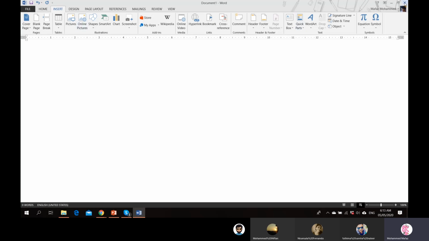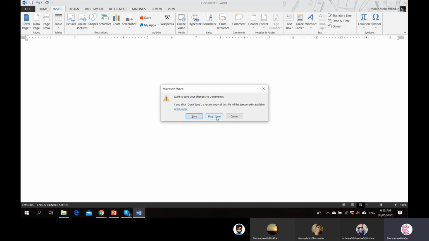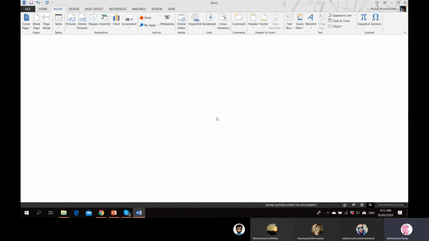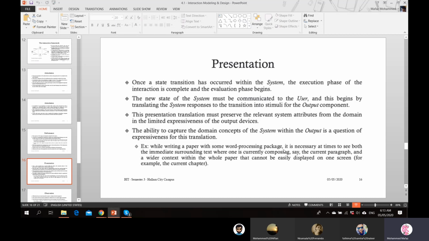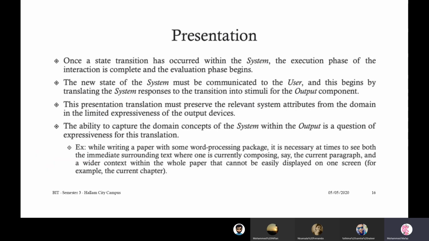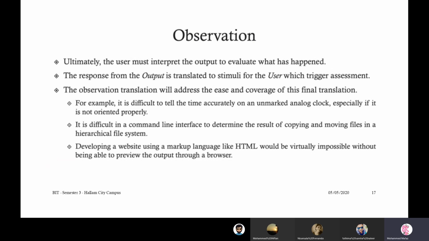Whatever it is, we have to understand the ability of the output device in order to present your information, because in all of these different layouts, the presentation is going to be different, and when you have a different presentation format, it could be understood differently by the users as well, right? So that is very important when you're designing websites for your mobile, for your tabs, for your laptops.